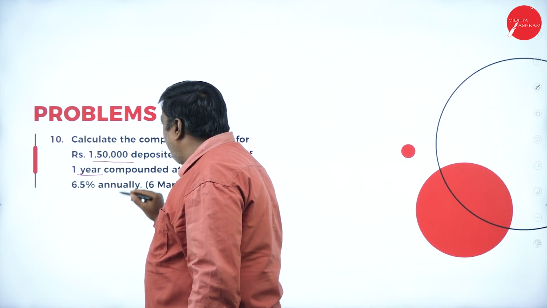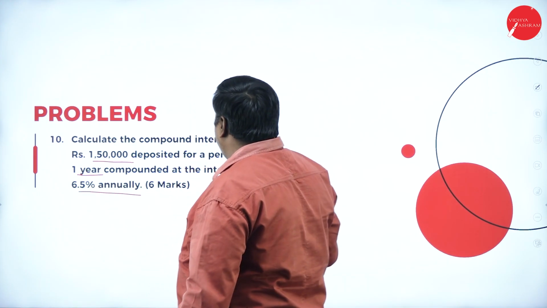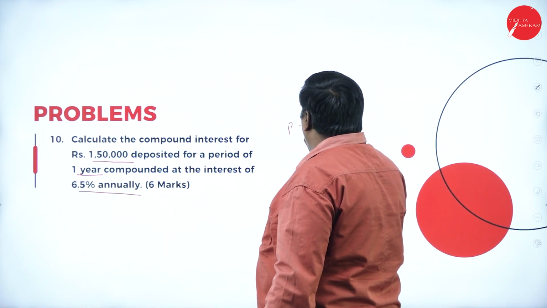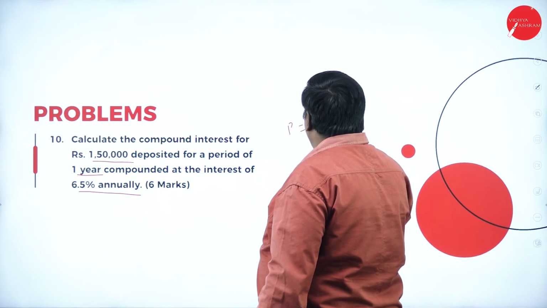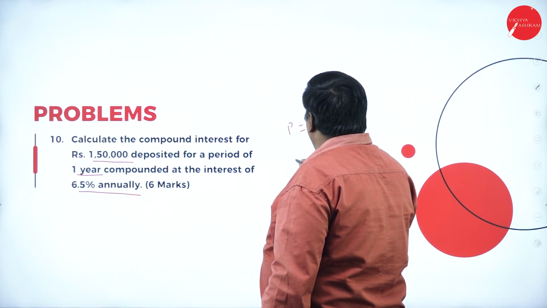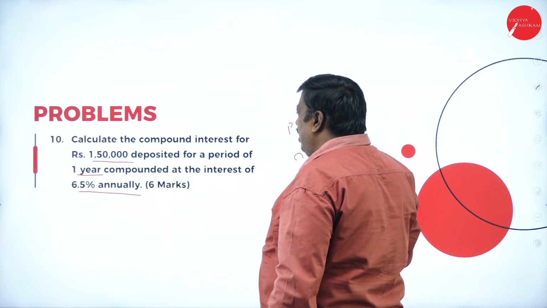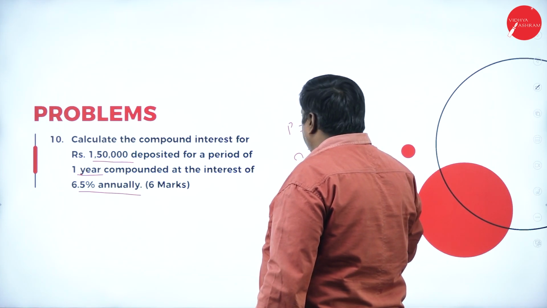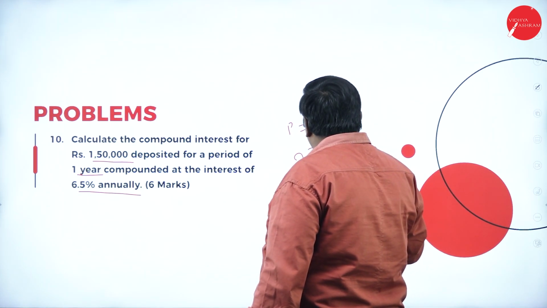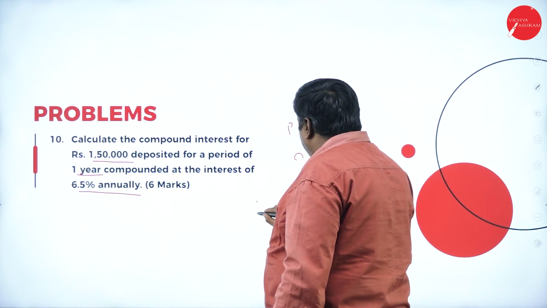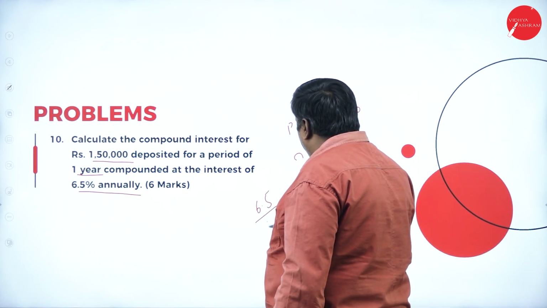The last concept we have taken here is 1,50,000. The deposit is for 1 year at 6.5% annually. The principal amount is 1,50,000, N is 1 year and R will be 0.065, that is 6.5 divided by 100.